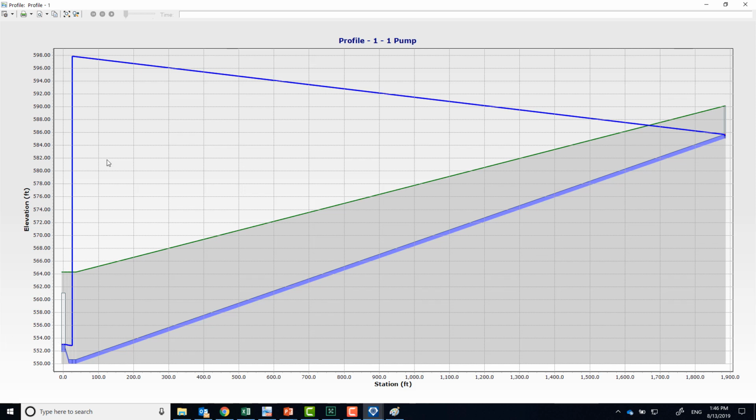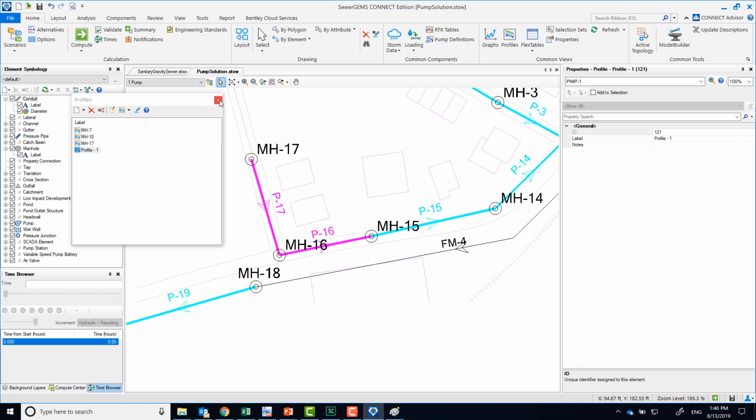So the difference in elevation here is a static lift of 32 feet. And then we see that the pump had to go all the way up to here, providing a head of 45 feet, because all these head losses are attributed to the head loss through that force main. Okay? Is that clear?